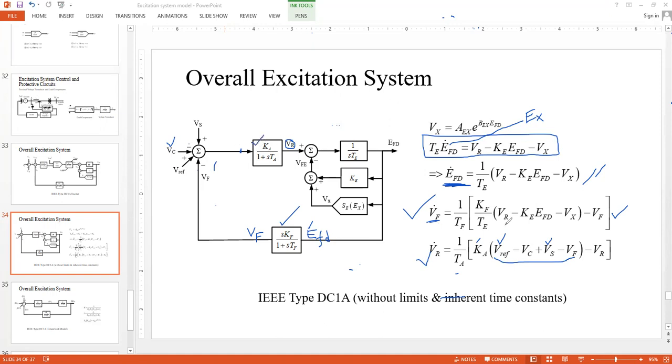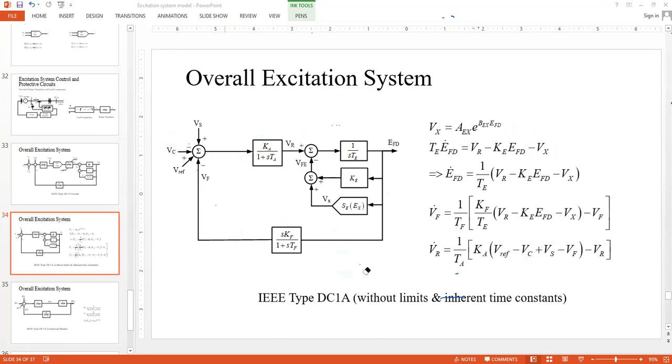And if you simplify this, ultimately you will get the dynamic expression for the voltage regulator output. This is the stabilizer, the rate feedback stabilizer voltage dynamics. So you have 3 additional state equations. So now you will see that your system dynamics order should be increased with the incorporation of this.